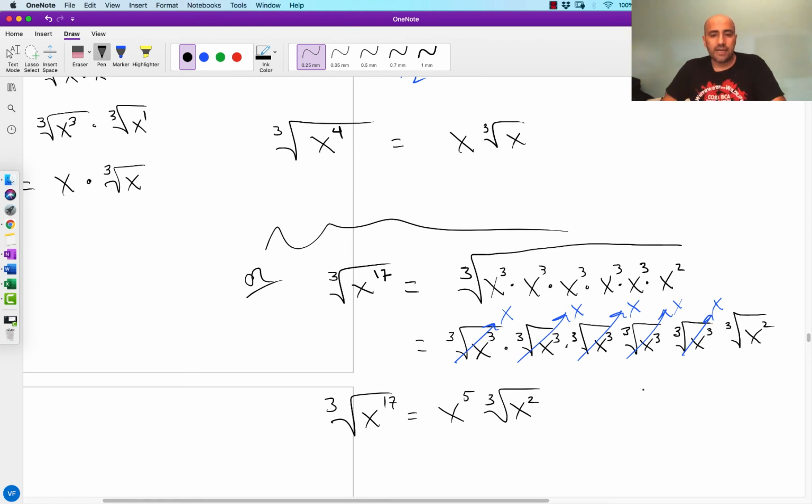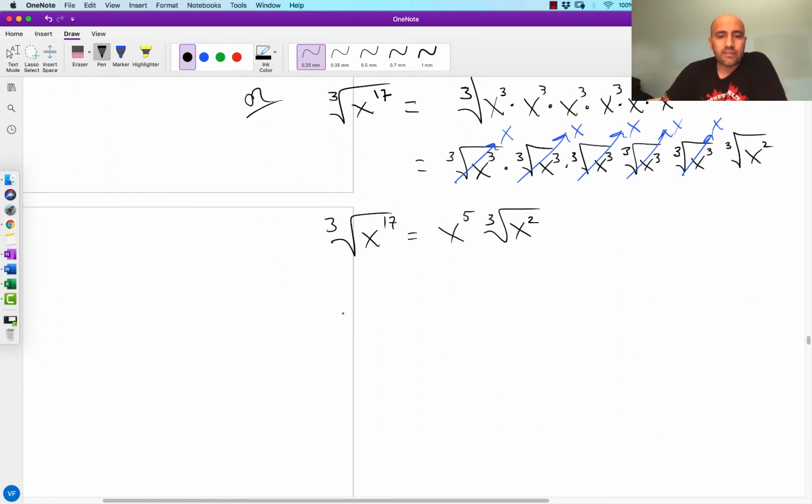Okay, so you can see how a shortcut to this would just be to think about how many groups of size 3 I can pull out of this. When I first learned this, I remember I was told to think of it as a little schoolhouse, and we have 17 little kids in there, and they're going to go on a field trip. They have to leave the schoolhouse, but they have to hold hands in little groups. How many little groups can we get?